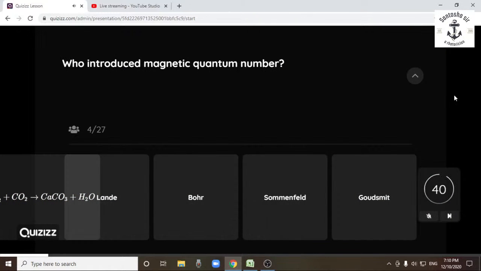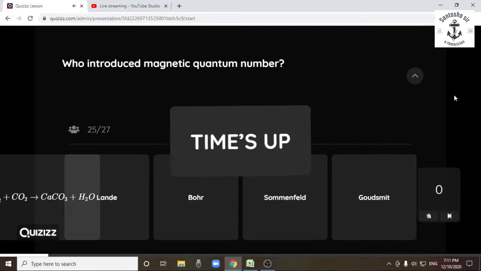Who introduced magnetic quantum number? 30 seconds more. 20 seconds. 10 seconds. 25 members answered out of 27 participants.